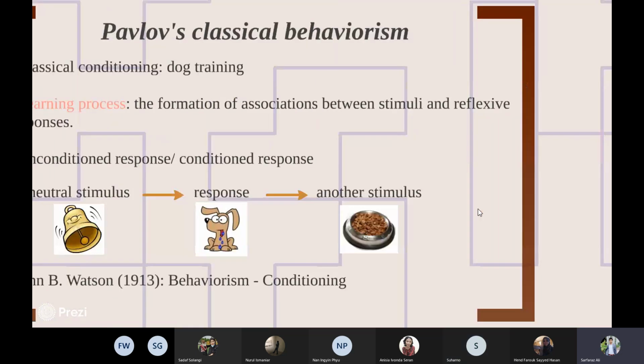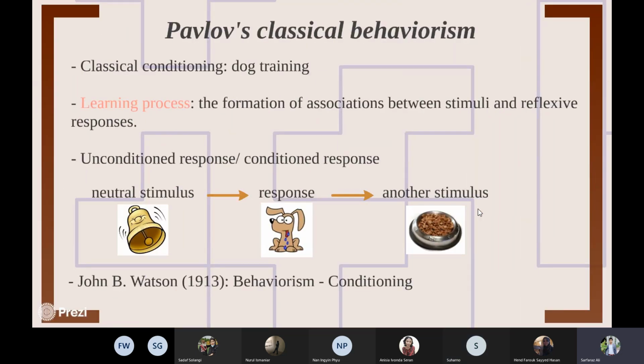And in the learning process, when learning takes place, he considered the classical experiment as the formation of associations between stimuli and reflexive responses. How did he train? In the classical experiment, he trained the dog by repeating some occurrences.